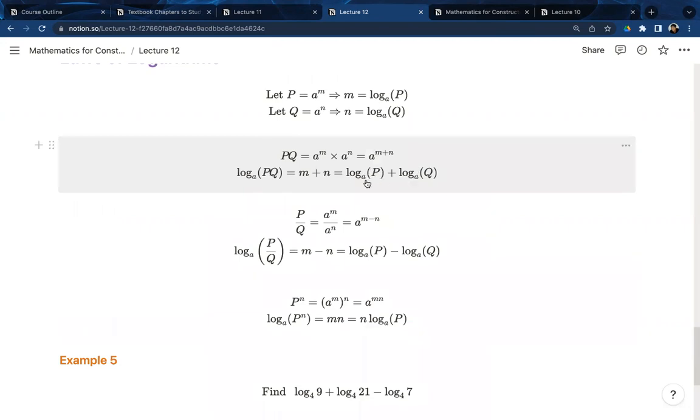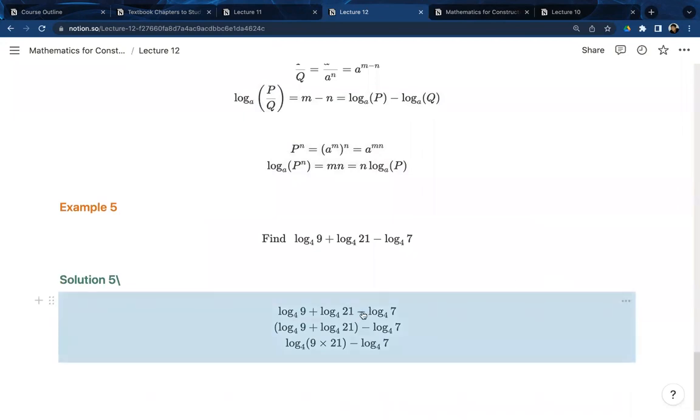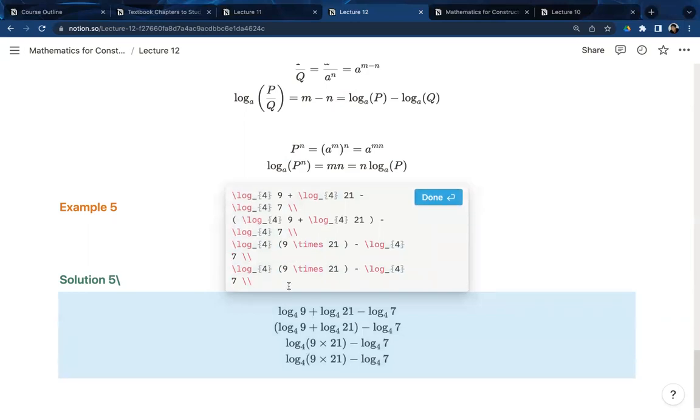When you're adding logs to the same base, you multiply p and q. So log 9 plus log 21 is log of 9 times 21. 9 times 21 is what? That's 189.